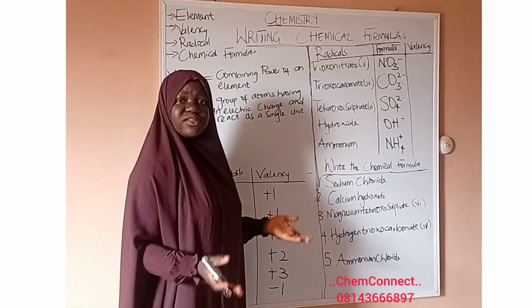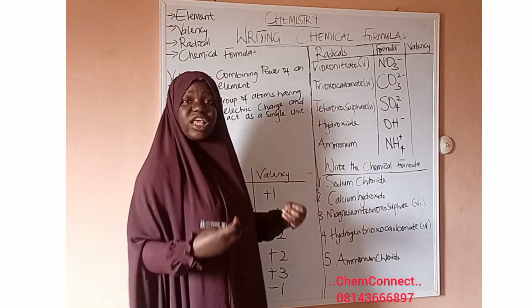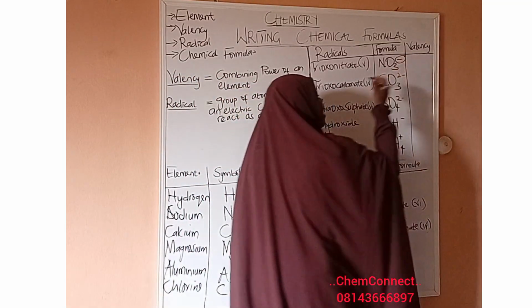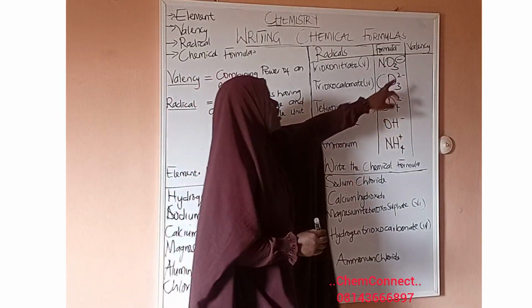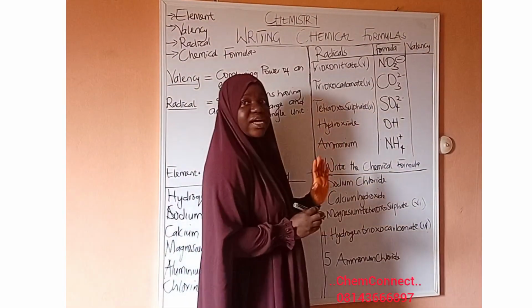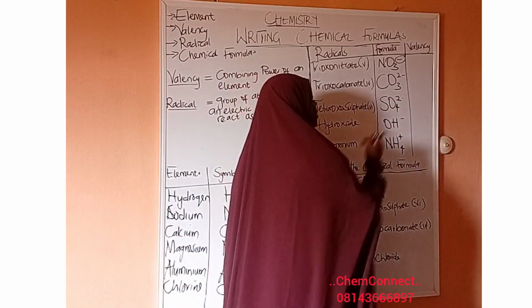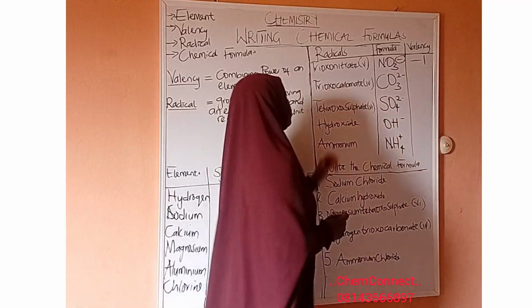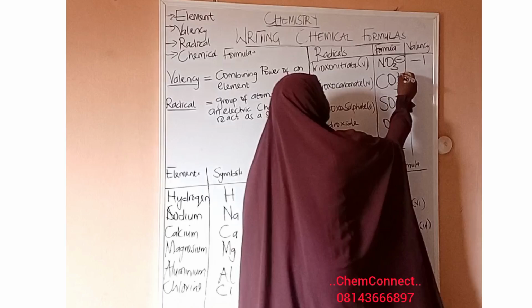Now, how do we get the valency for a radical? Valency for radicals usually equals their charge. Radicals have an electric charge, and the valency is usually equal to the charge it carries. The valency for trioxonitrate(V) is -1 because we said it equals its charge. The valency for trioxocarbonate(IV) is -2.